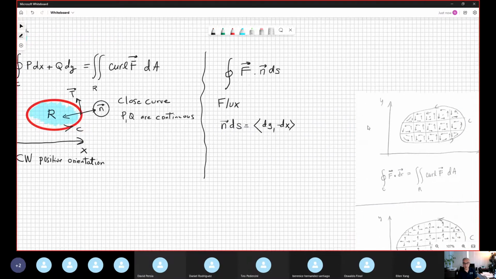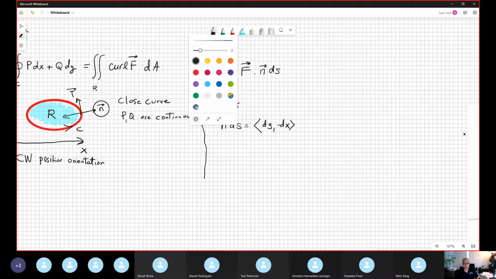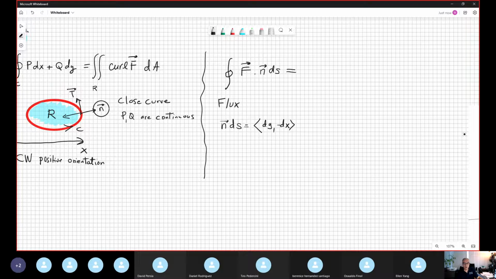So now, this is another thing I want to show you. It's a picture for me. So now, if you suppose again that this vector field is P comma Q, and you suppose that this is the integral, and the curve is the notation we're using only in the line integral. You put C to indicate the curve.